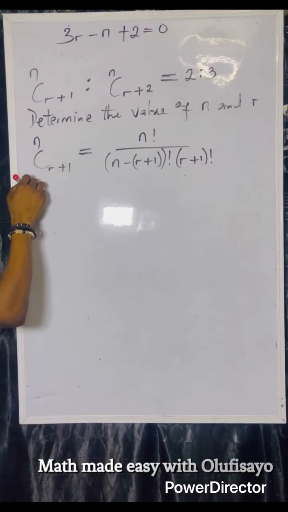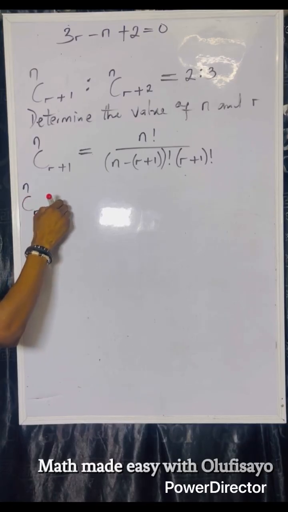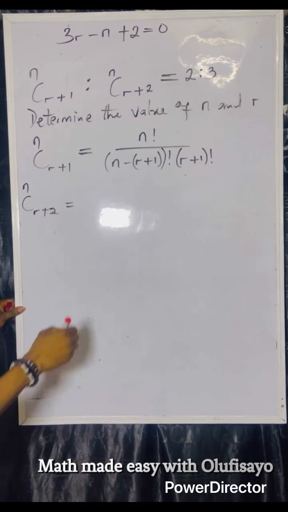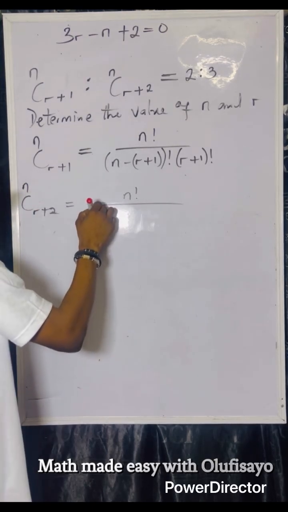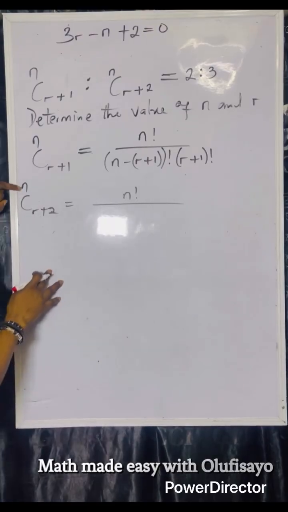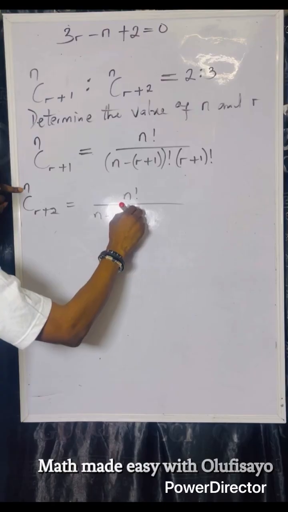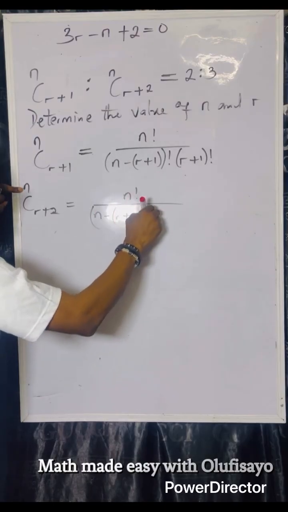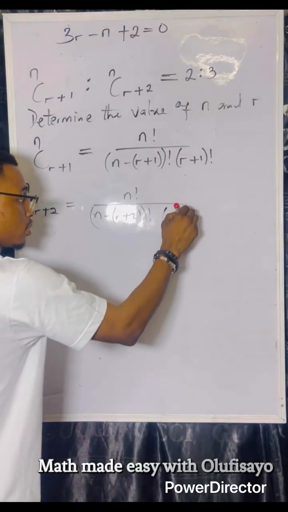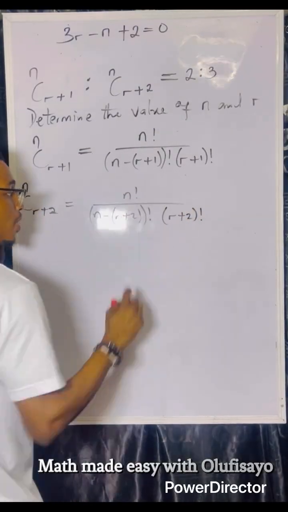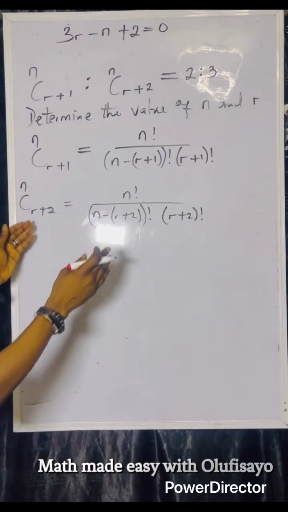We have n combination r + 2, which equals n! over (n - (r + 2))! (r + 2)!.